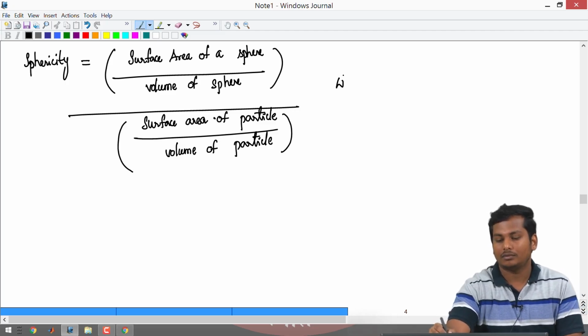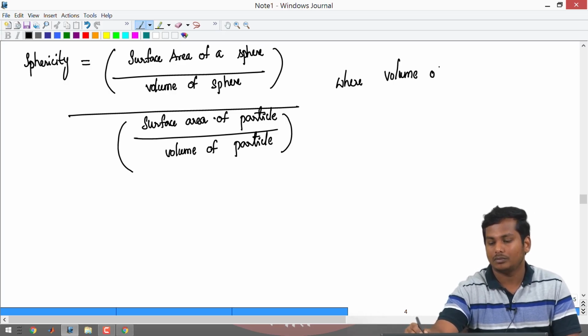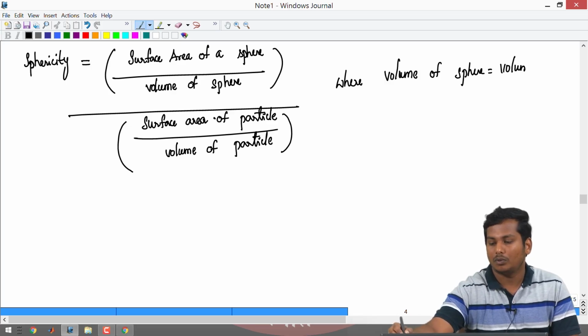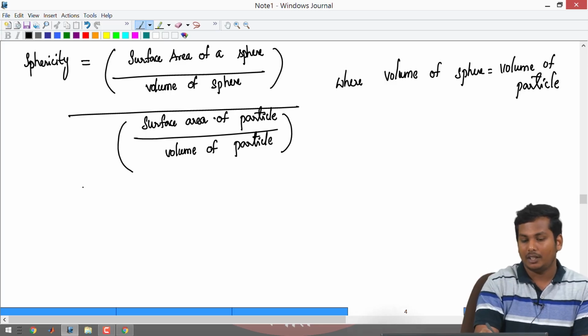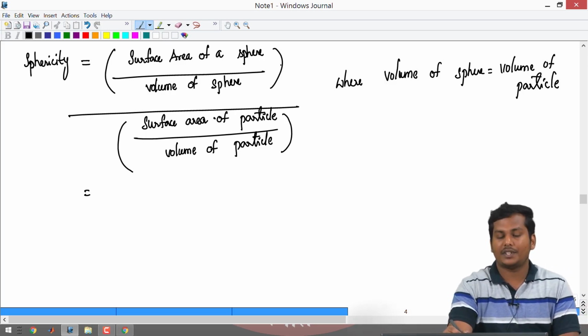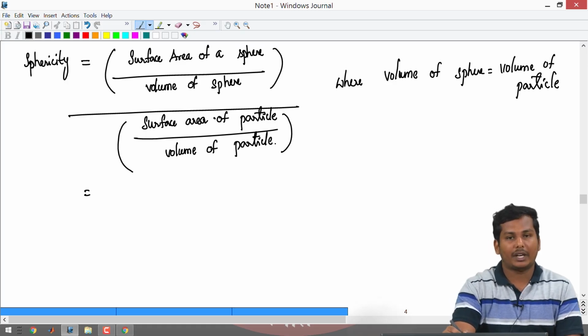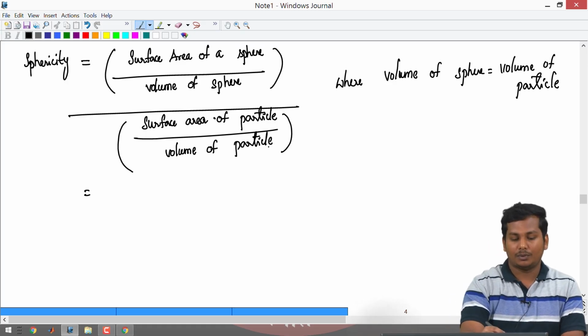Where volume of sphere equal to volume of particle. So, it is actually surface area of sphere by surface area of the particle, in which the volume of the sphere and volume of the particle are same.